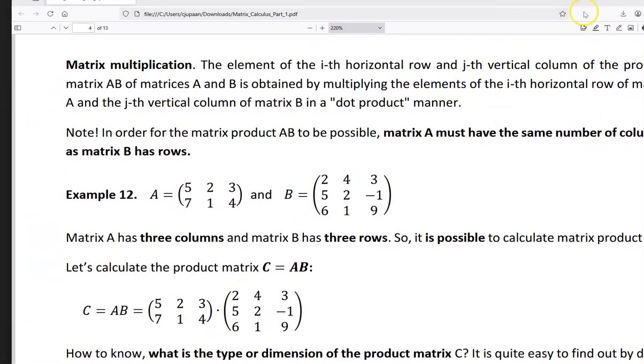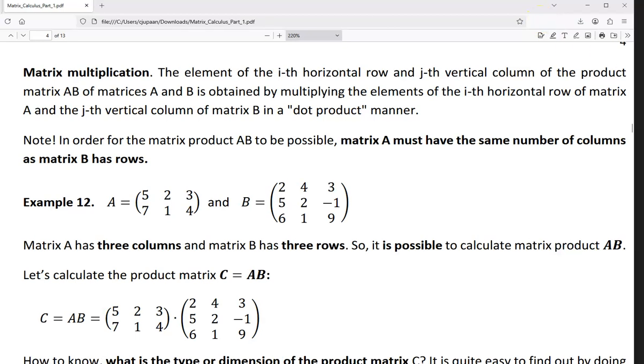In this text it is said that the matrix multiplication is calculated in some kind of dot product manner.